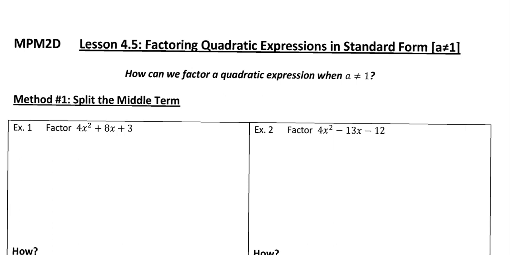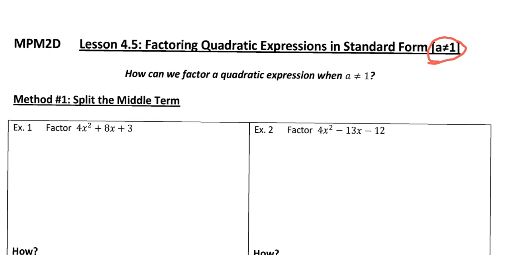So today what we're going to be doing is taking a look at quadratic expressions. These are expressions where you don't have x squared by itself, i.e. the a value is not equal to 1.